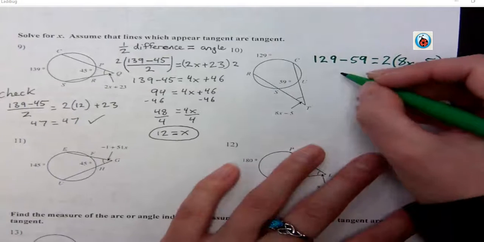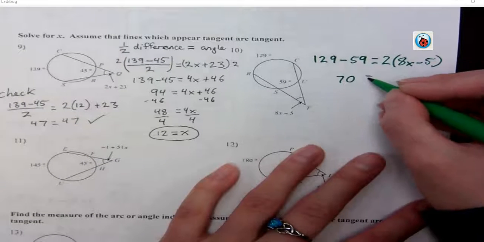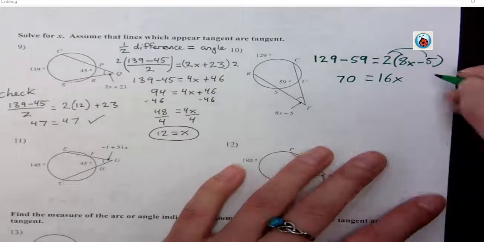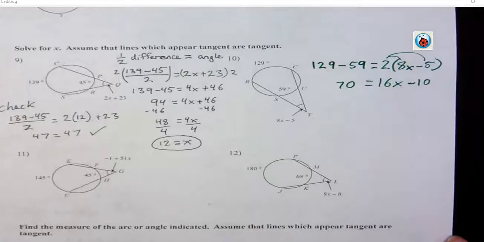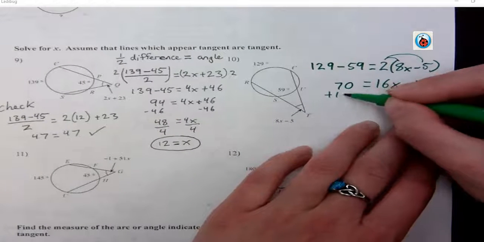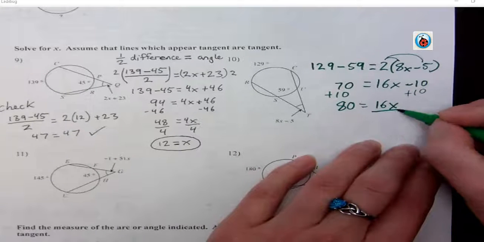So I go ahead and combine those, and that equals 70. Equals, and then I distribute, 16x minus 10. And then I add 10 to get 80 equals 16x.